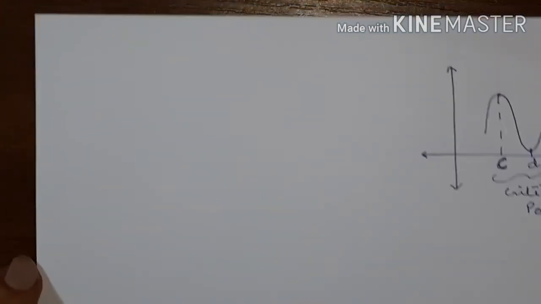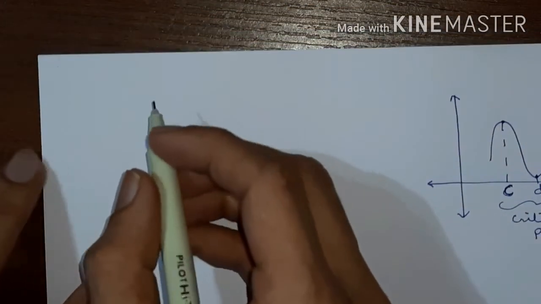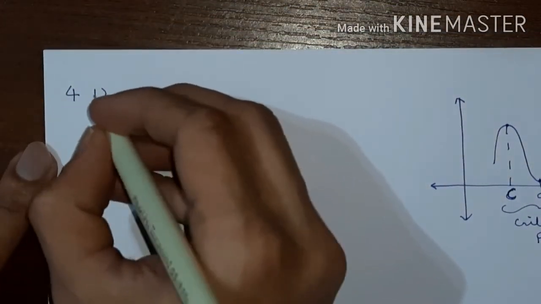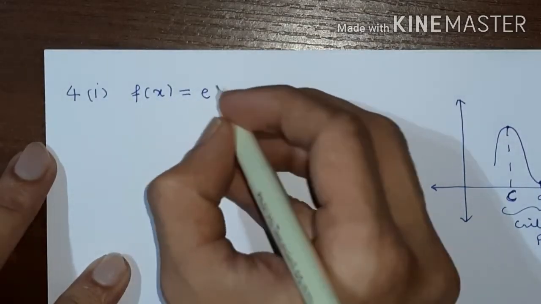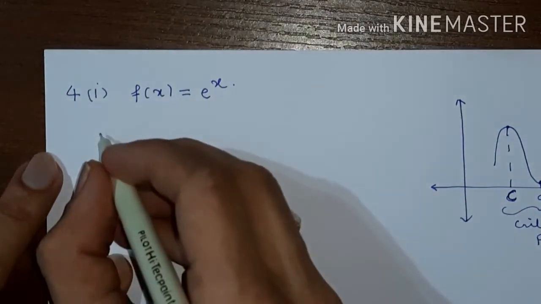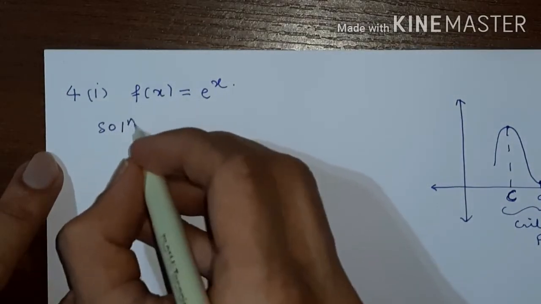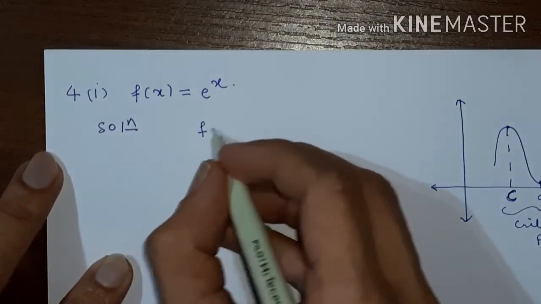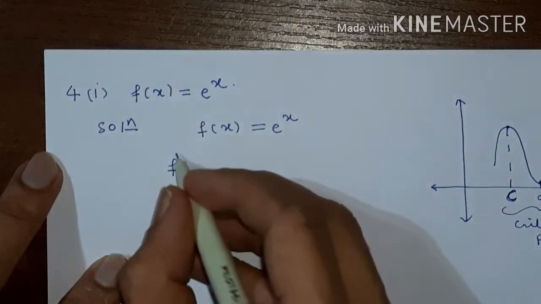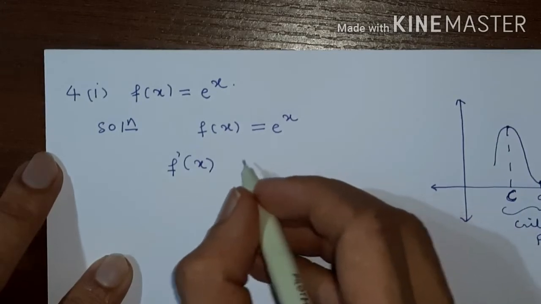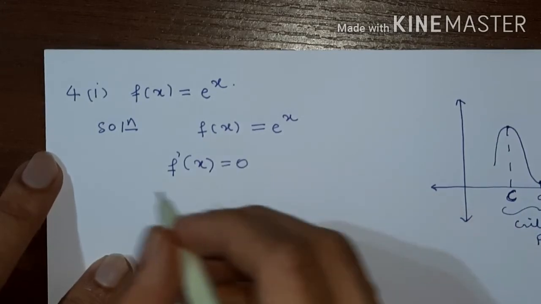So now let us start with the first problem. f(x) equal to e raised to x. What is given is f(x) equal to e raised to x. Now you differentiate this function, that means you take f prime of x and put it equal to 0.